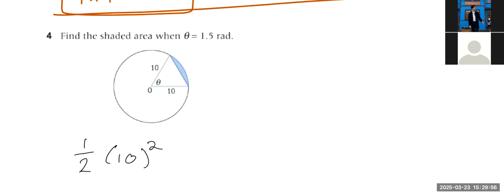So how would you find the area of the... okay, never mind.